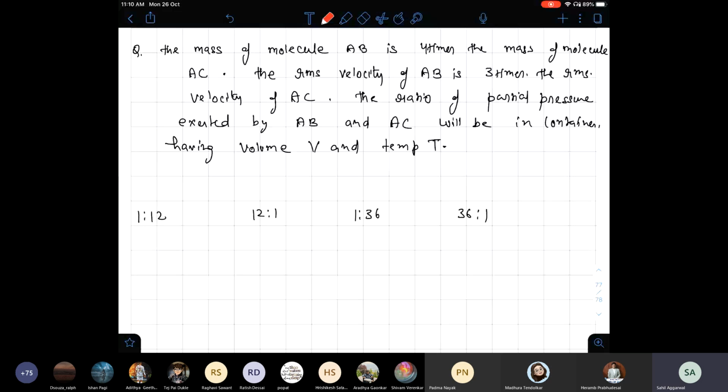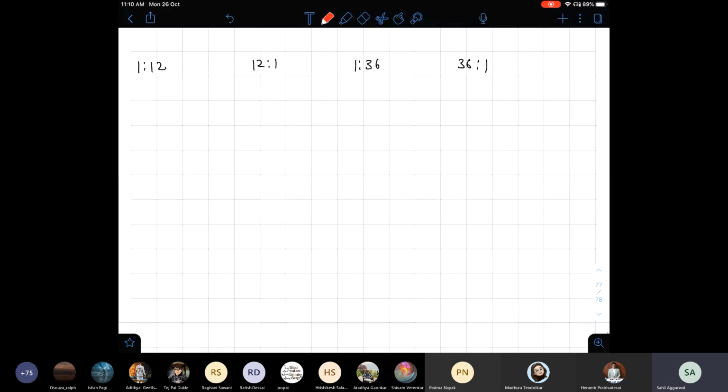Okay, so we have to find the ratio. Ratio of partial pressure must be equal to molar ratio, and molar ratio means mass upon molar mass.